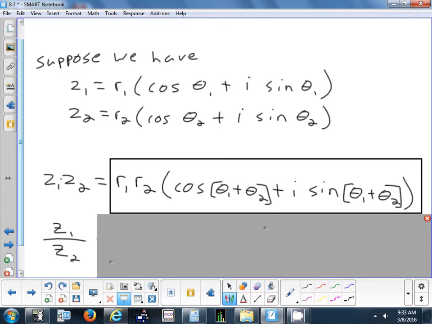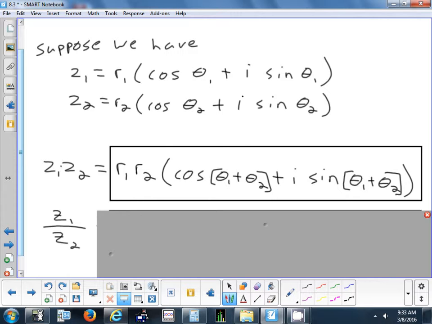All right, so based on that, anyone think they can tell me what I would do with my radii if I'm going to divide z1 divided by z2? Look at what I did with my radii here. Jamie? You would divide radii 1 by radii 2. Yep. And then with angle 1 and angle 2, you'd subtract instead.